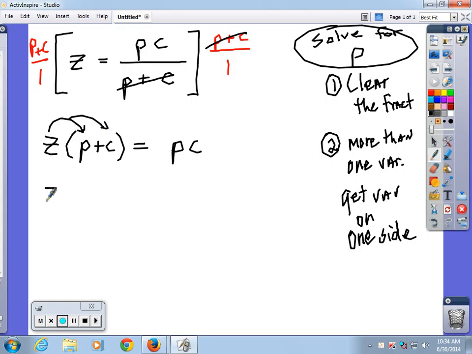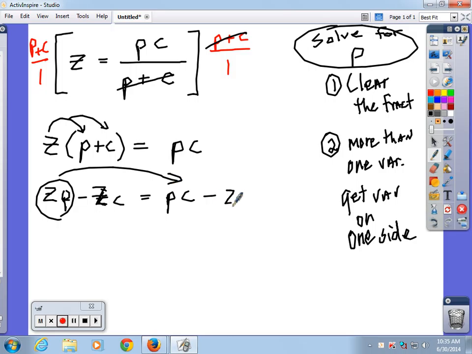And we get ZP plus ZC is equal to PC. Now we got to take this ZP to the other side, and that becomes a minus ZP.